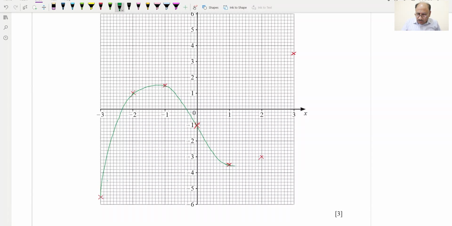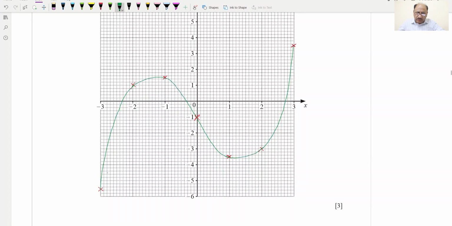A smoother curve again is our main target, because if we are not able to draw a smoother curve, then the tangents and those other values which we have to answer in the next parts will have a lot of variation. So hopefully we have drawn this curve.